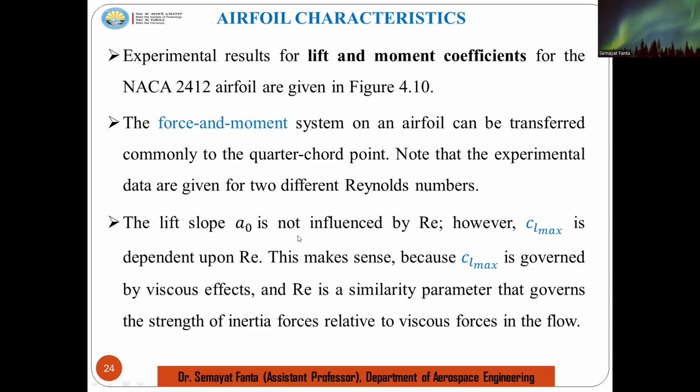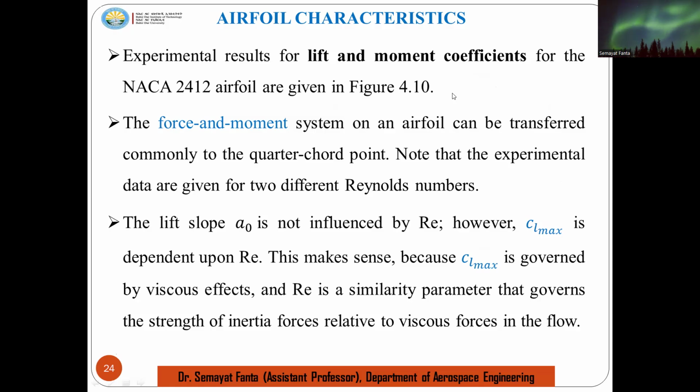However, CL max is dependent upon Reynolds number. This makes sense because CL max is governed by viscous effects, and Reynolds number is the parameter that governs the strength of inertia forces relative to viscous forces in the flow.